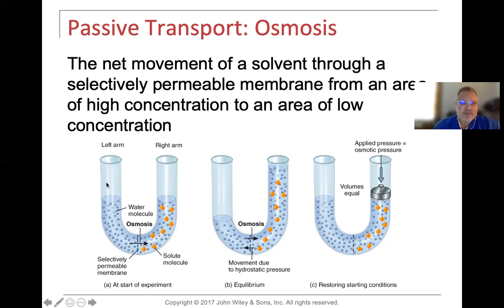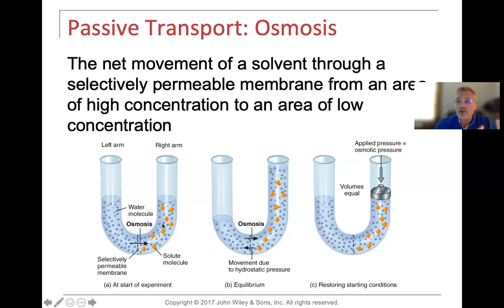Right here, we see a tube filled with water, and the water level looks the same. There's a semi-permeable membrane in the center. On the left side, we have purely water, nothing but H2O. On the other side, we have water and some minerals.